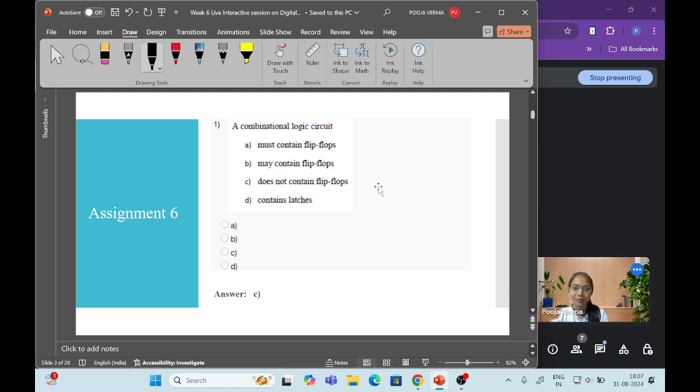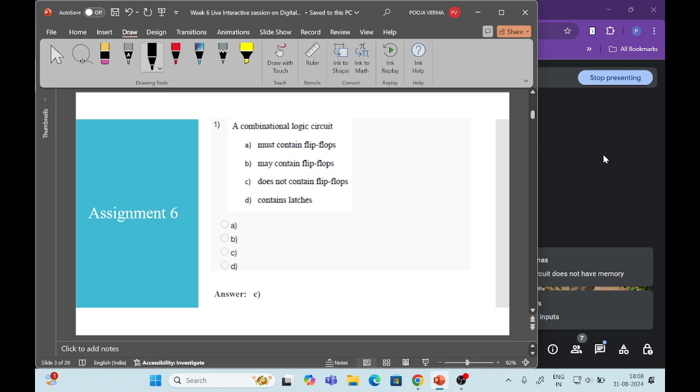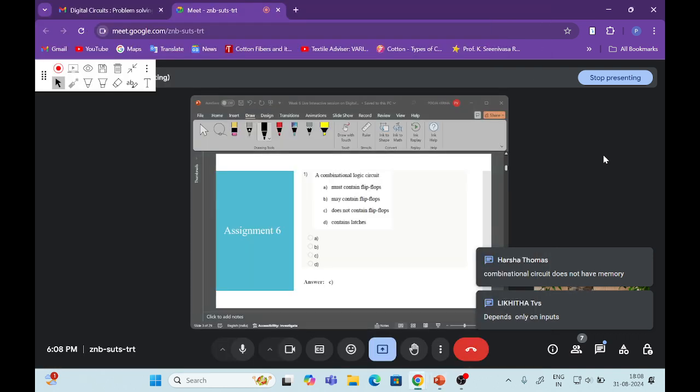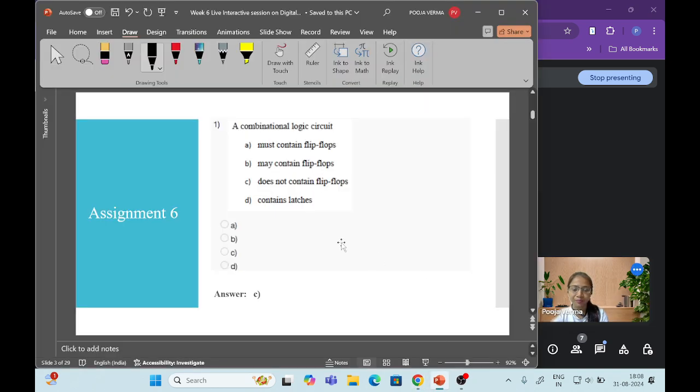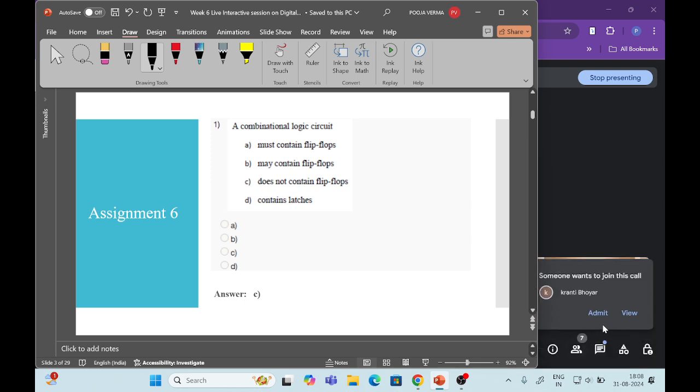Does not contain flip-flops. Combinational logic circuits are the circuits which cannot store the bit. They do not have memory. They depend on the present input and do not depend on the past input. So what are the examples of combinational logic circuits?